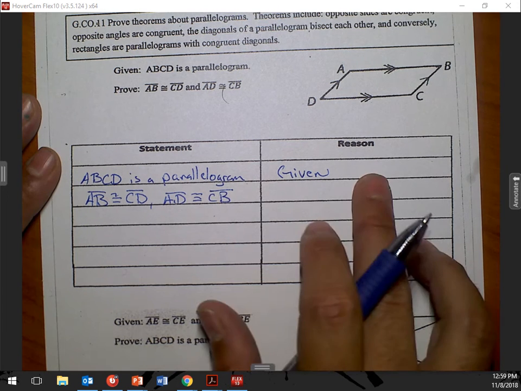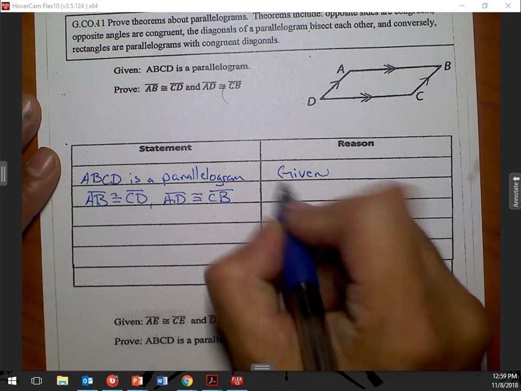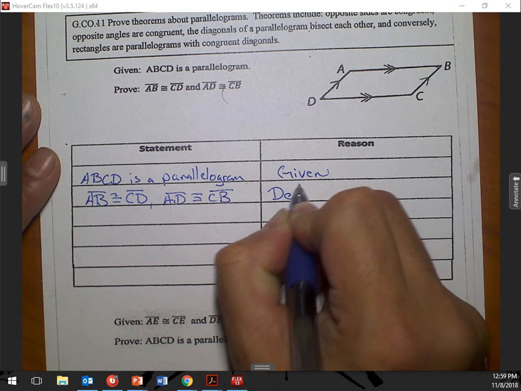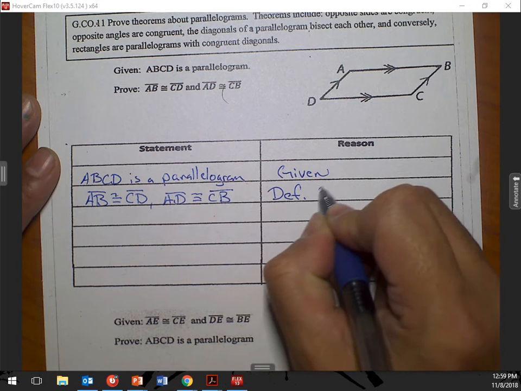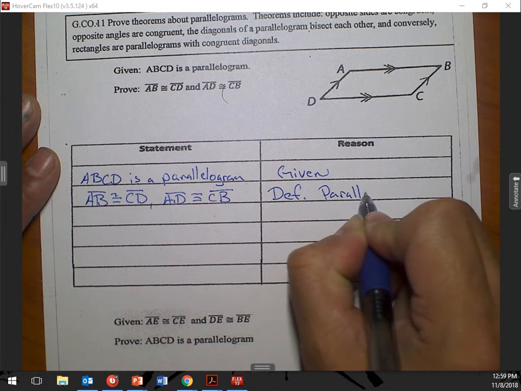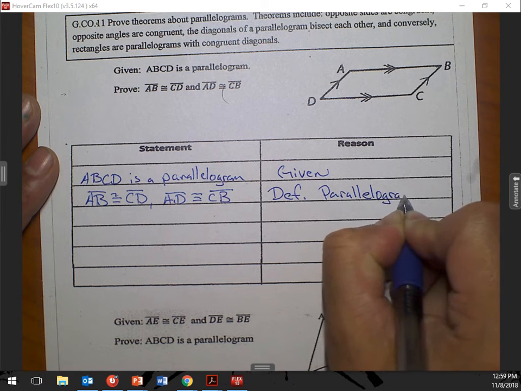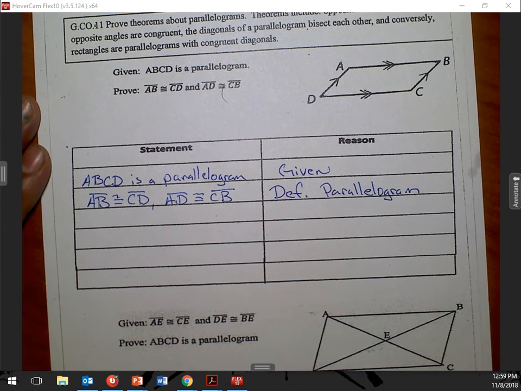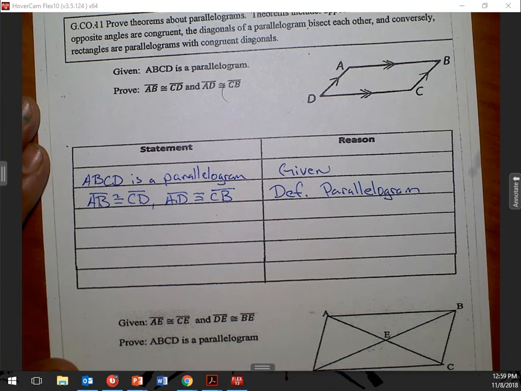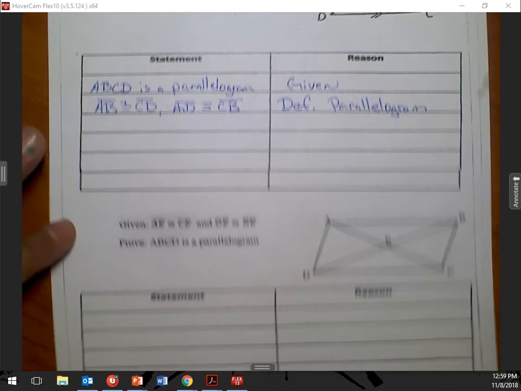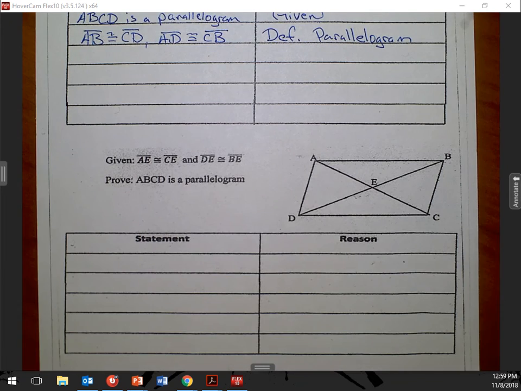So on here I'm going to just write definition of parallelogram. Really easy. Let's go to the next one.